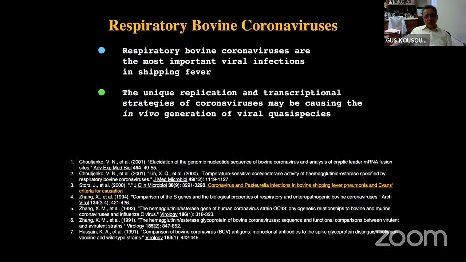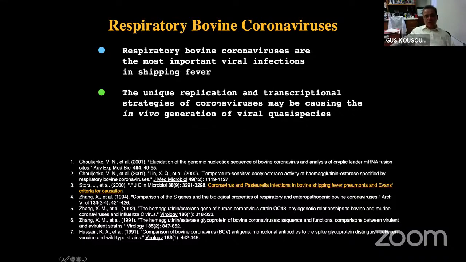So in our lab, we also worked on bovine coronaviruses, respiratory coronaviruses, and that's where, in a number of papers in the late 90s and early 2000s, we described the quasi-species, and we really discussed the fact that the unique replication and transcriptional strategies of coronaviruses may be causing in vivo generation of viral quasi-species, that is, these variants that exist and can be selected under different pressure.